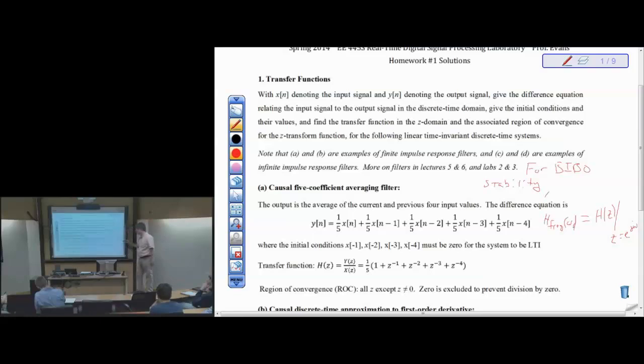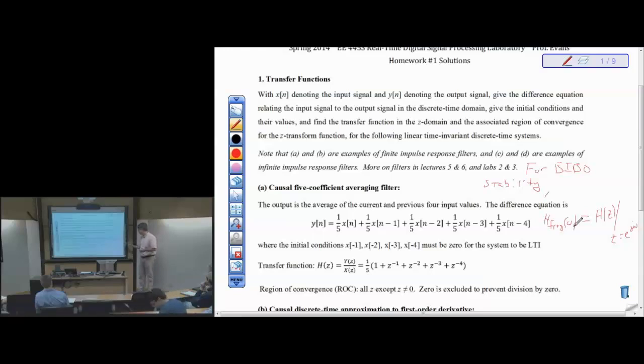As omega, which is real valued, takes values from 0 to 2 pi, I sweep out a unit circle, a circle of radius 1. You can see that because the magnitude of e to the j omega is 1, just phase. So if the region of convergence includes the unit circle, it means the region of convergence tells us what values of z for which the Z transform converges and has meaning.